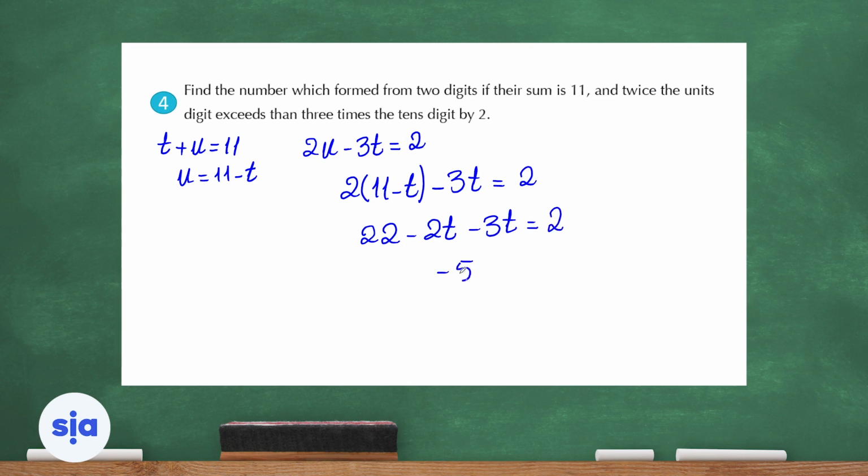Then minus 5t equal minus 20. So t equal 4. Now we substitute to find u, which is the unit digit. 11 minus 4 is 7. So what number has the tens digit 4 and the units digit 7? So the number is 47.